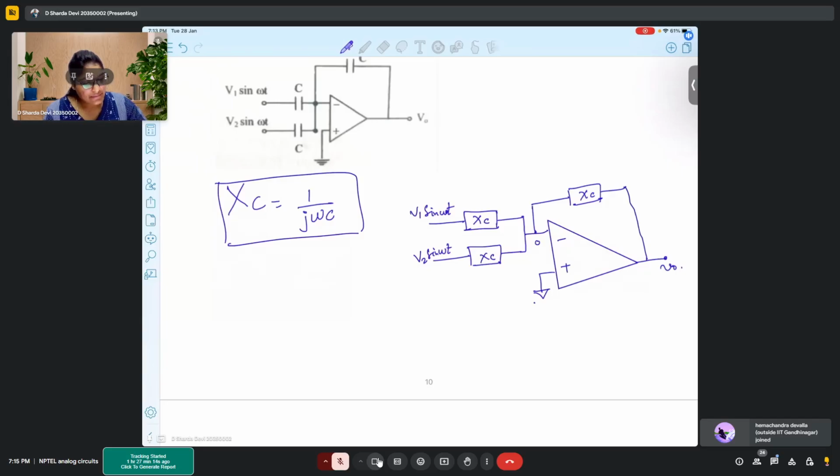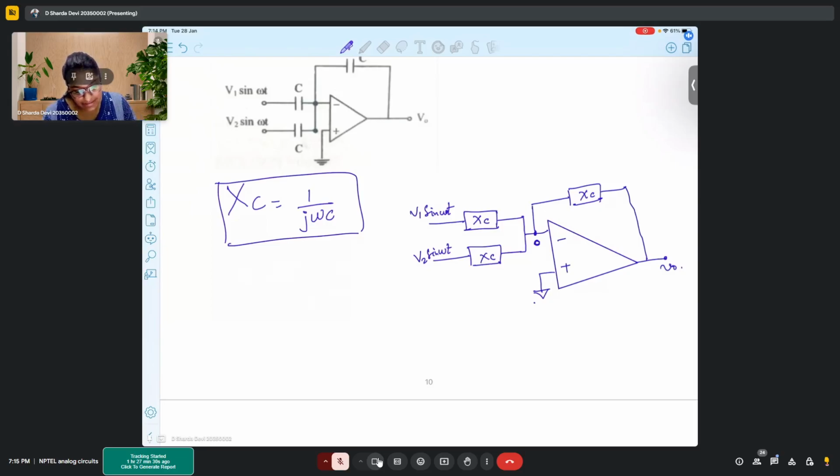See, here it was grounded, so by using the virtual short concept, I've put this voltage to 0. Now I'll apply KCL at the 0 node itself.